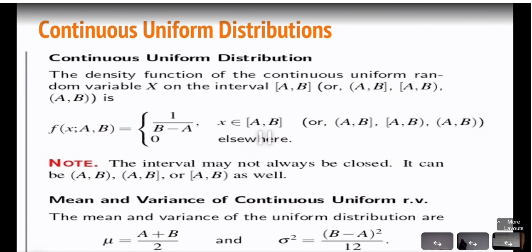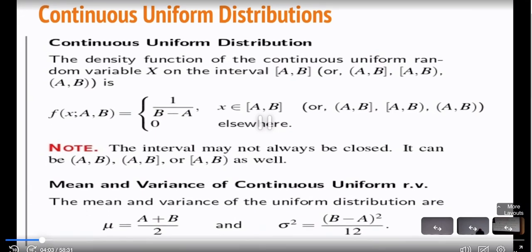But in the case of continuous uniform, we are looking at intervals. When we identify an interval, maybe the interval A and B, the density of a random variable within the interval is equal to 1 over B minus A, which you can see here.